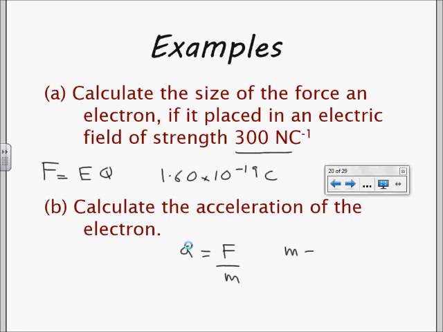An electron has a mass of 9.1 times 10 to the negative 31 kilograms. So you're going to use that to figure out the acceleration. And I think when you take what you'll think of as being a small force in your first part of the calculation, but divide by a very, very small mass, you're going to find that you still get a pretty huge acceleration being produced by that electric field.